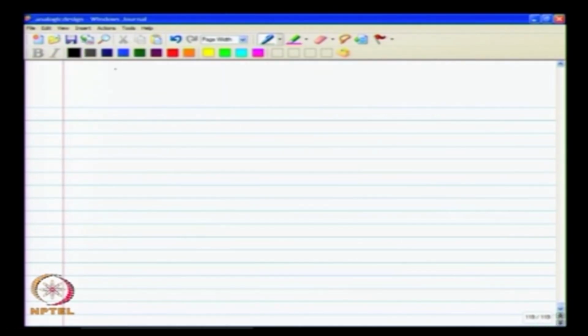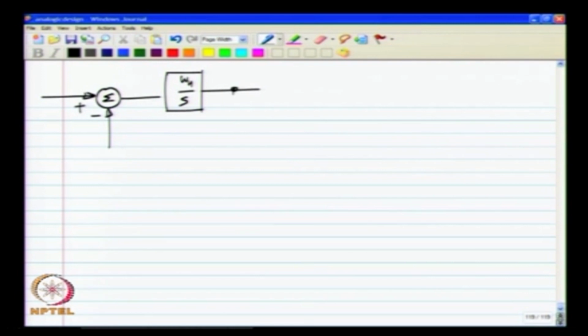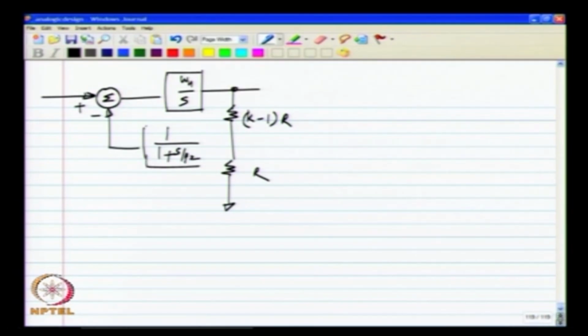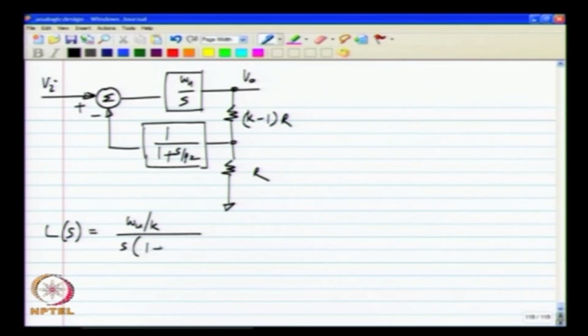So, now let us take the next case where we have, and in this case the loop gain L equals omega u by k, s times 1 plus s by p2.